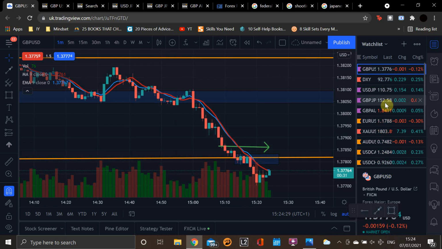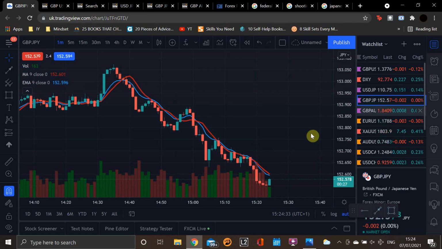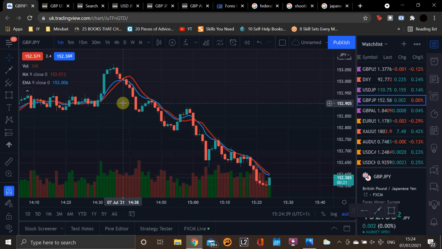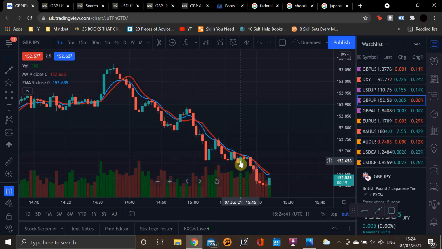GBP. I could have also traded GBP JPY, especially from here all the way. How many pips is that? Look at that. From 230 all the way to 130. I don't know how many pips that is. Let me check.